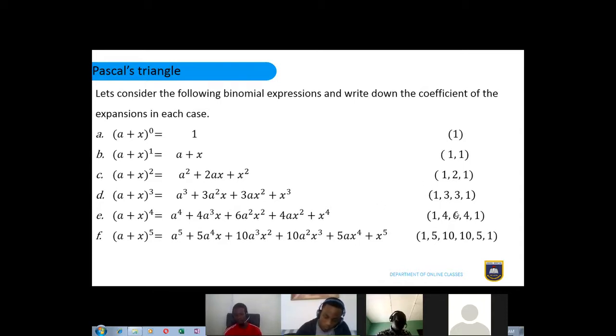So we have 1, 4, 6, 4, 1. Then the final example, we have 1, 5, 10, 10, 5, 1.